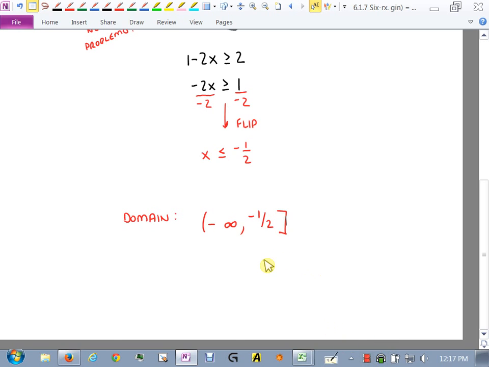Hmm? Well, I'd have to see that second function. I can't say. I'd have to have the function to make sure.